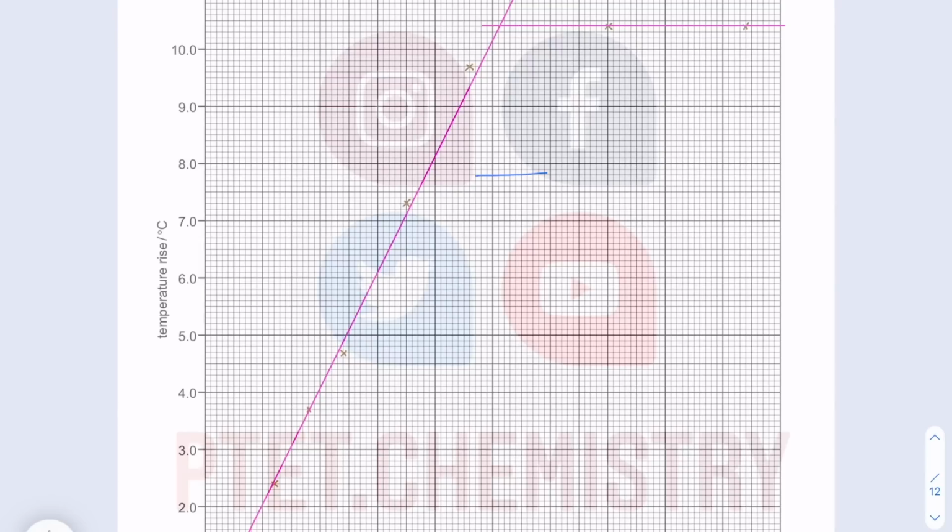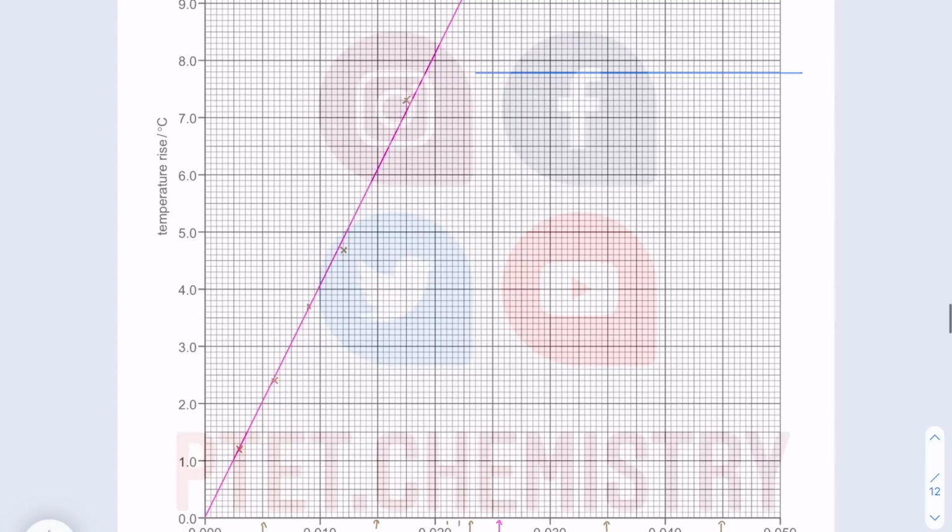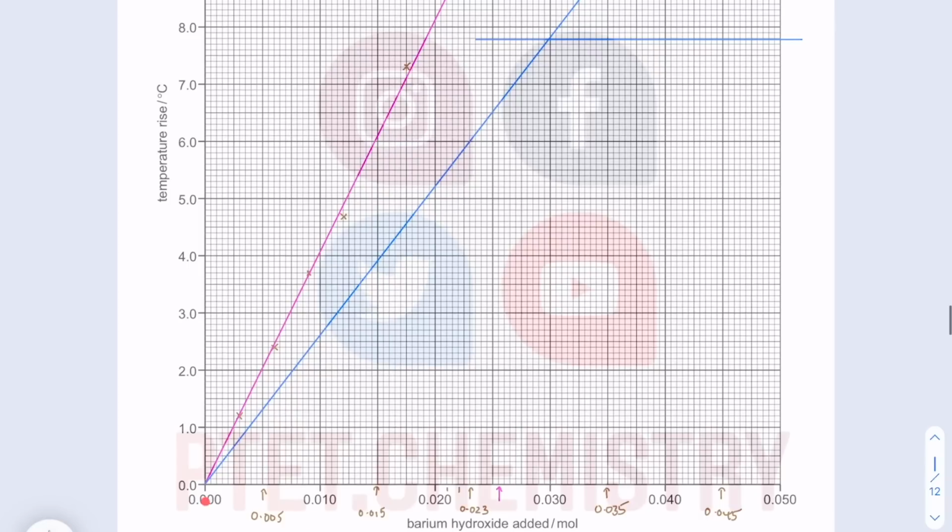If I just have any good old straight line like that, and then I can start from 0, 0. It doesn't matter because this is a sketch. The important thing is to start from 0, 0 because when there is no base being added to the weak acid or strong acid, there is no neutralization, therefore no temperature rise.